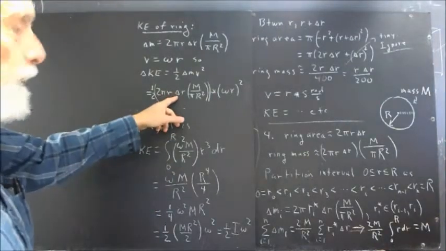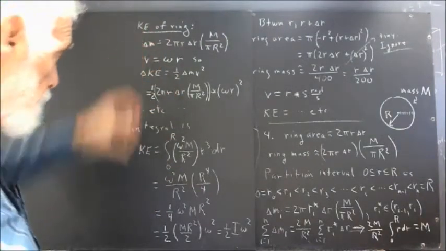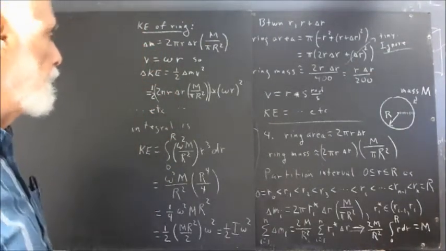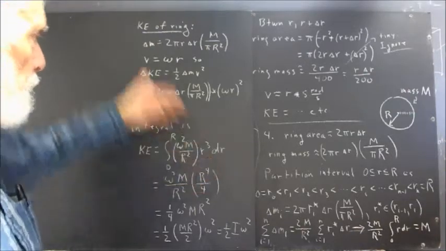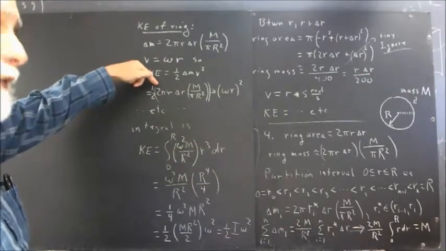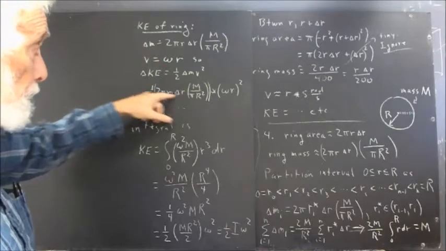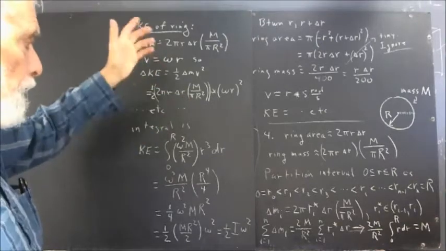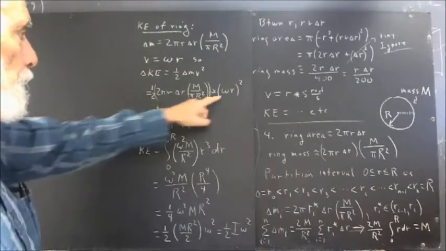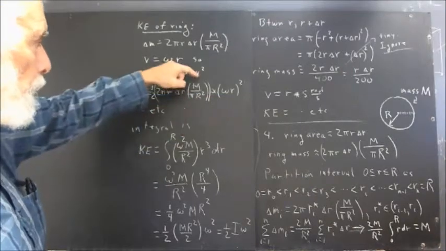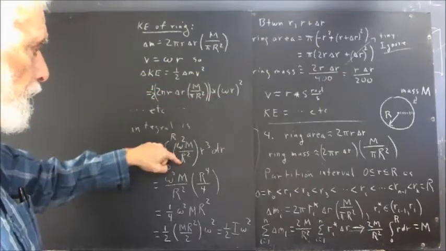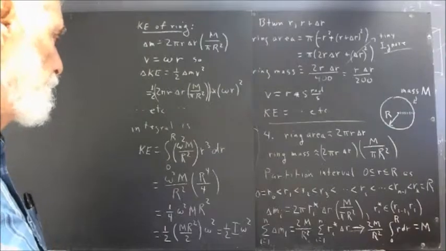And of course, we're going to have a dr because our delta r approaches dr. Everything else, the 1/2 divides the 2, pi divides pi, and we're just left with omega squared and m over r squared times r cubed dr.